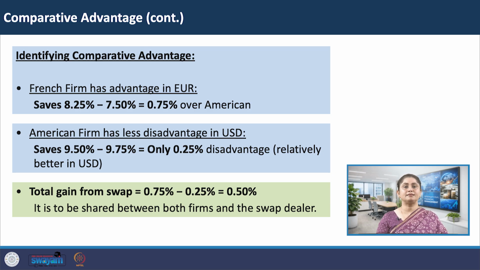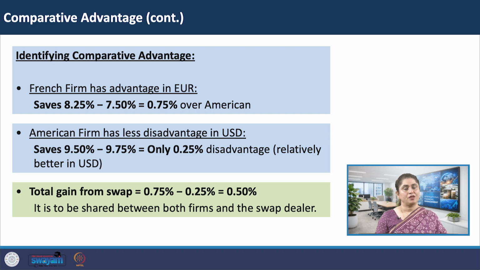French firm has an absolute advantage in both euro and dollar loan. If the American firm were to borrow in euro, it would pay 8.25%, whereas the French firm pays only 7.50%. So the French firm saves 0.75% over the American firm in euro market.